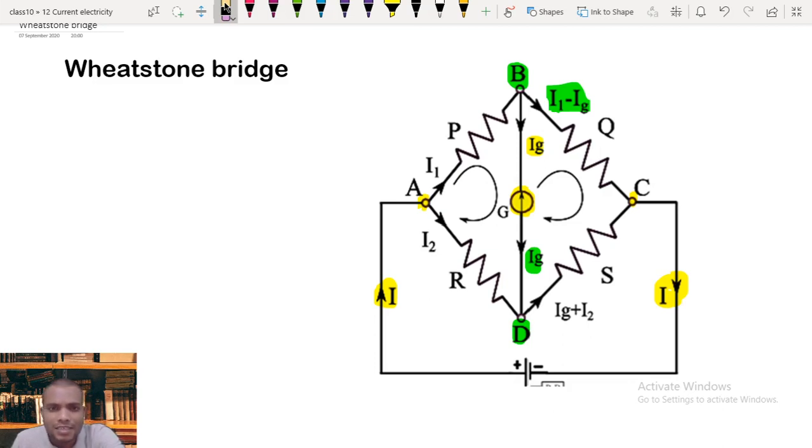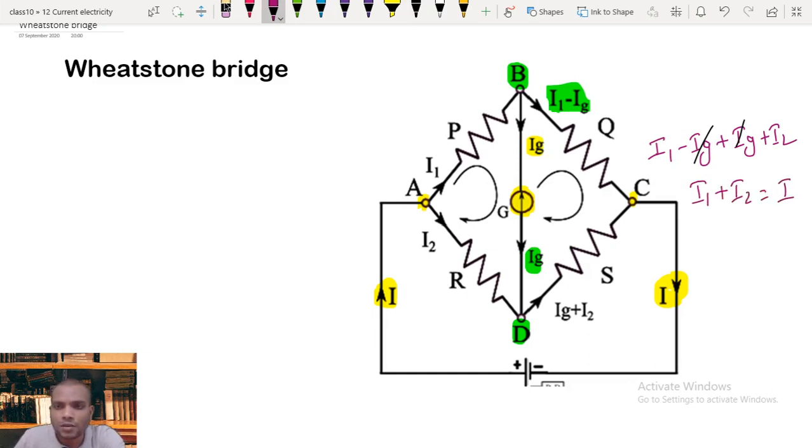The amount of current that entered at junction A is the amount that comes back at junction C. So it's better I write these equations for your understanding: I1 minus IG plus IG plus I2. These two terms cancel, and you end up with I1 plus I2, which equals I. That is the amount of current at C, and at A, current I equals I1 plus I2. Now this is the division of currents.